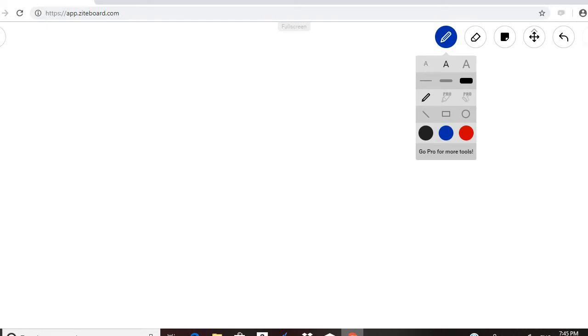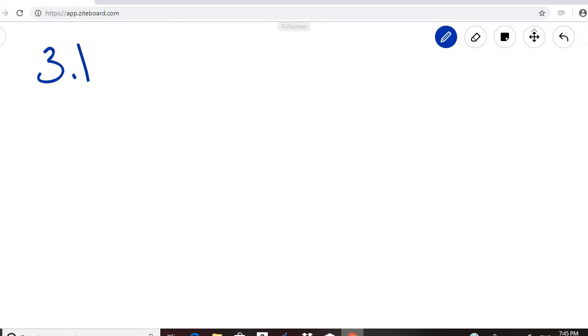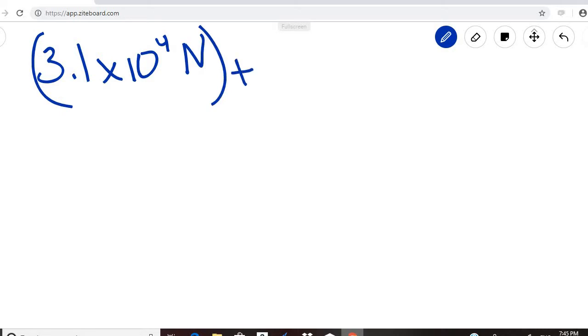So one was 3.1 times 10 to the 4th newtons, and the other was 2.6 times 10 to the 4th newtons.